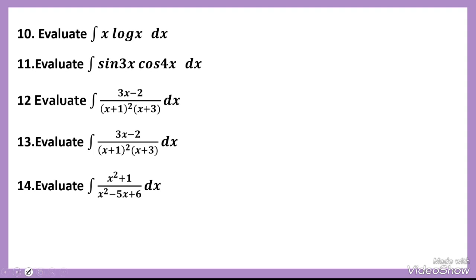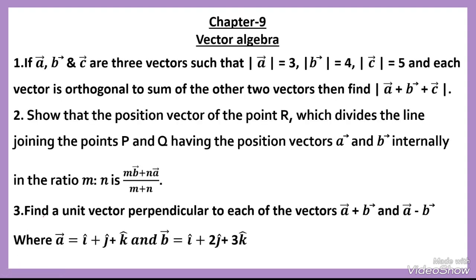Then the next chapter is vector algebra. If vectors A, B, C are three vectors, here this is from the property. While solving the vectors, you should know the formulas of A plus B square, A minus B square, A plus B plus C whole square, A plus B cube, A minus B cube.